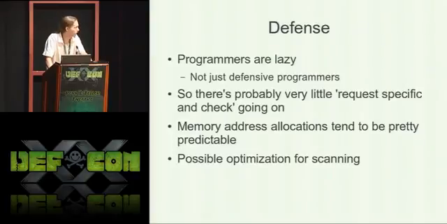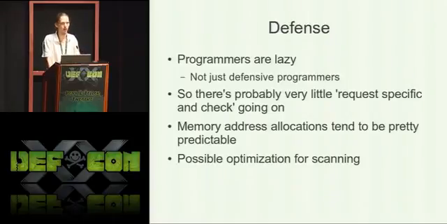Now, on the defensive side, programmers are lazy, yes, but it's not just defensive programmers, it's offensive programmers too. Perfect example is I threw this code together in about a week, and it's very procedural and not awesome as a stellar code example. So there's very little request-specific checking going on with most of your exploitation frameworks.